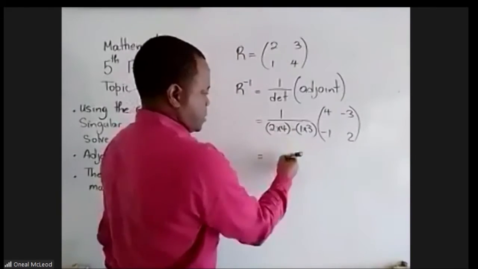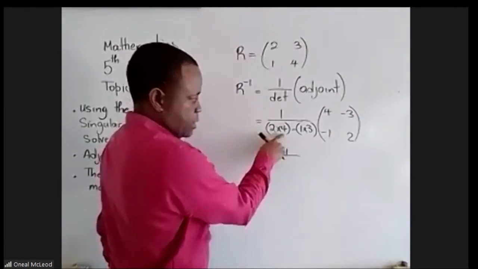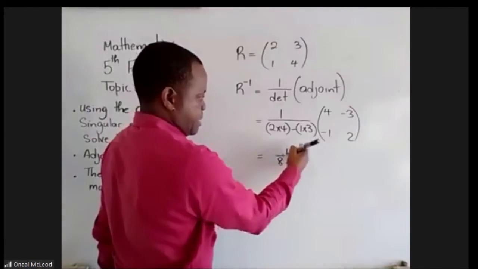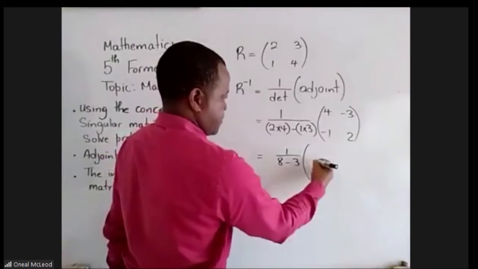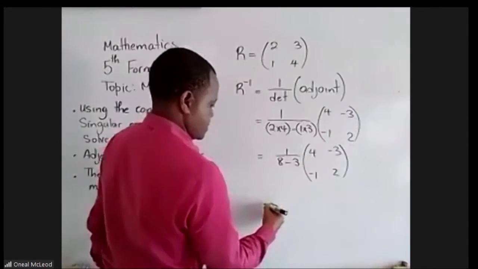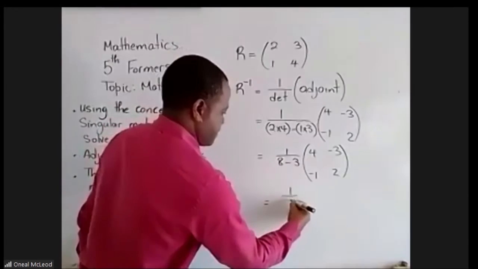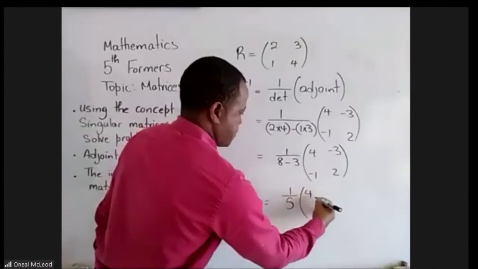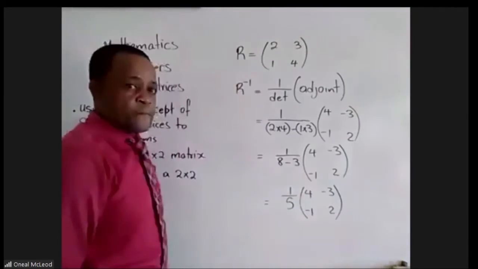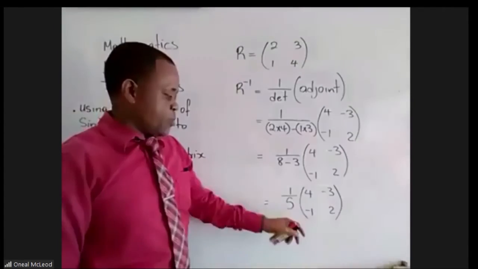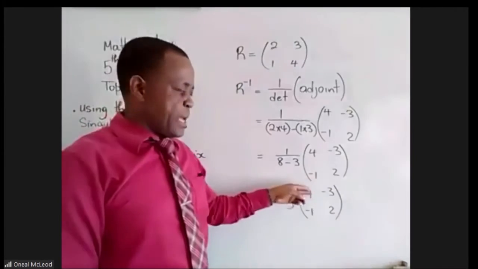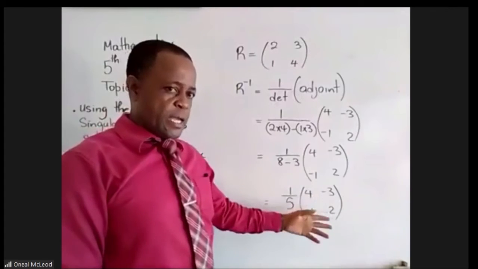Now, when I work this out, I get 1 over 2 times 4, which is 8, minus 3, times 4, -3, -1, and 2. This will give us 1/5 of 4, -3, -1, and 2. At this stage, we use our scalar quantity to multiply each element inside.